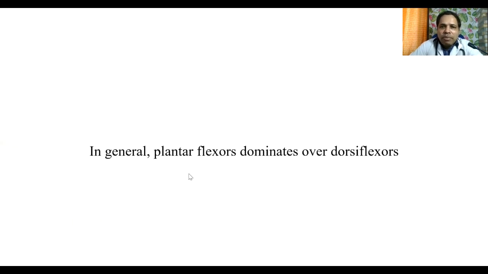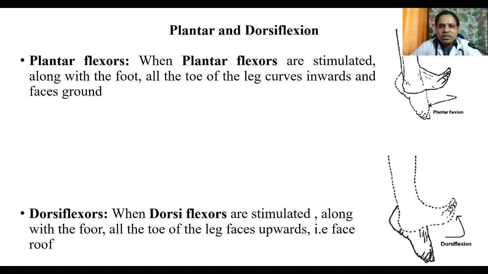In general, plantar flexors dominate over dorsiflexors. What is the meaning of this? Whenever I take a sharp object and scratch the sole, usually your toe or the sole is going to curve downwards, inwards, towards the floor, overcoming the dorsiflexors. That is normal. Your toes are going to curve and face the ground when I scratch under the sole.